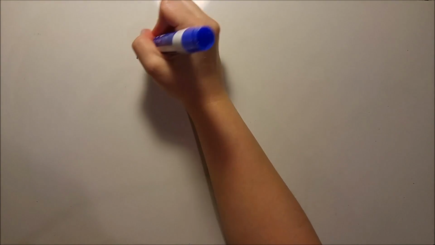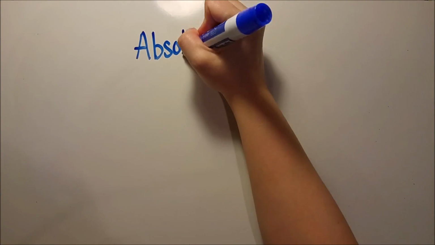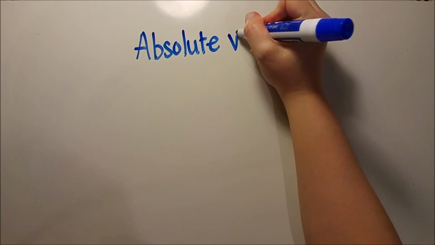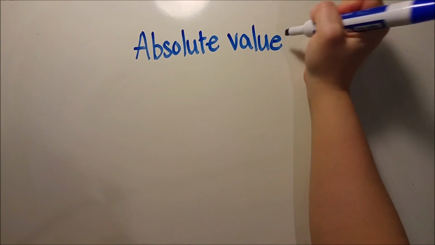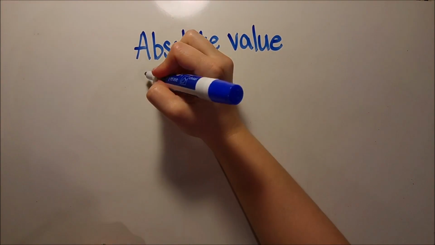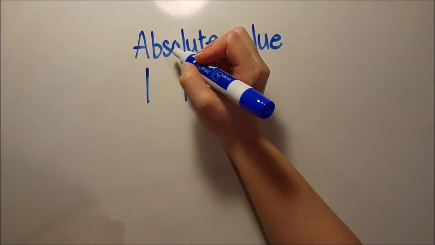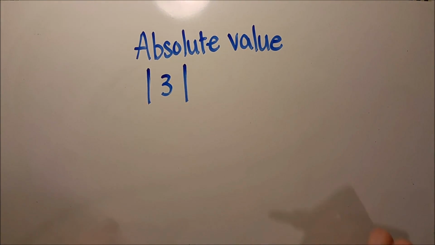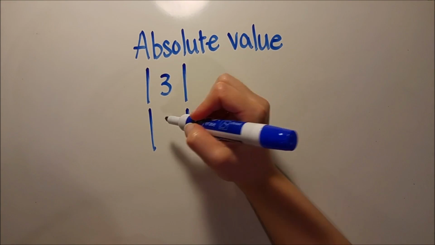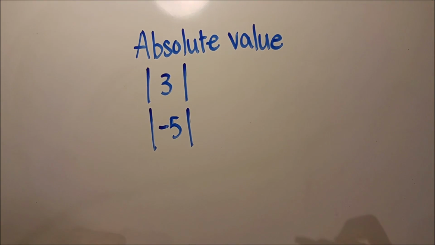So another definition I would like to review real quick is absolute value. Absolute value is when you see those two bars around a number. So say the absolute value of 3 or the absolute value of -5.